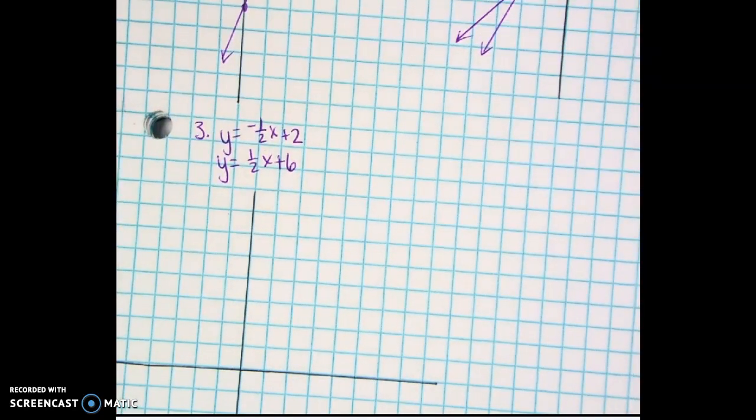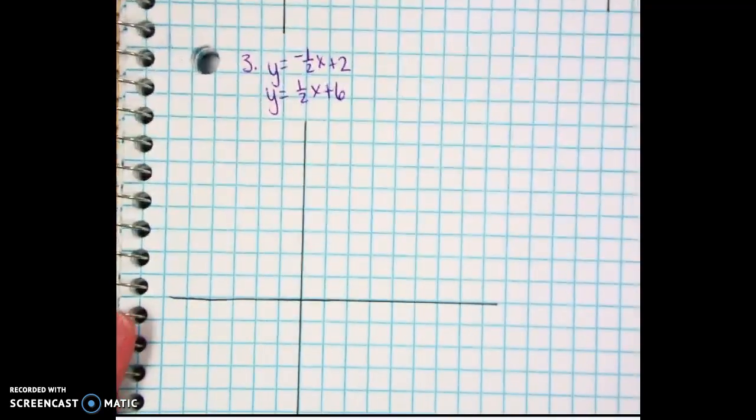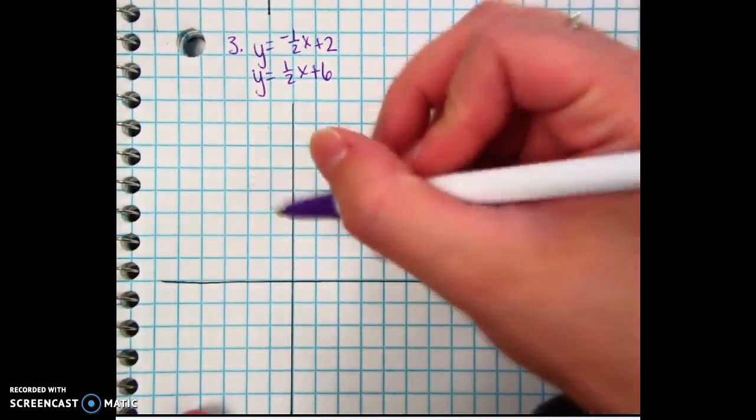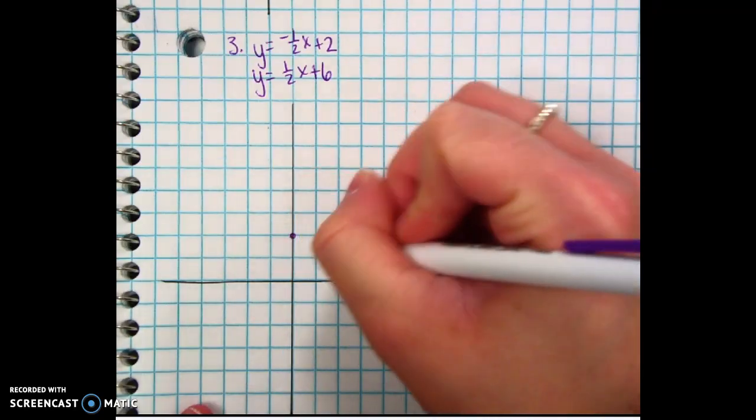Okay, this one I start at 2, go down 1 over 2.